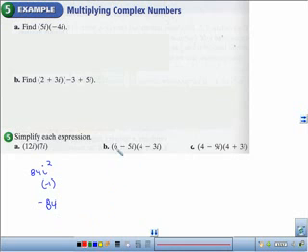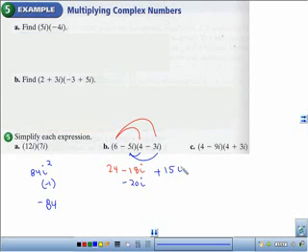Over here, we need to FOIL. 6 times 4 is 24. 6 times negative 3i gives us negative 18i. Then negative 5i times 4 gives us negative 20i. Negative 5i times negative 3i gives us positive 15i squared.